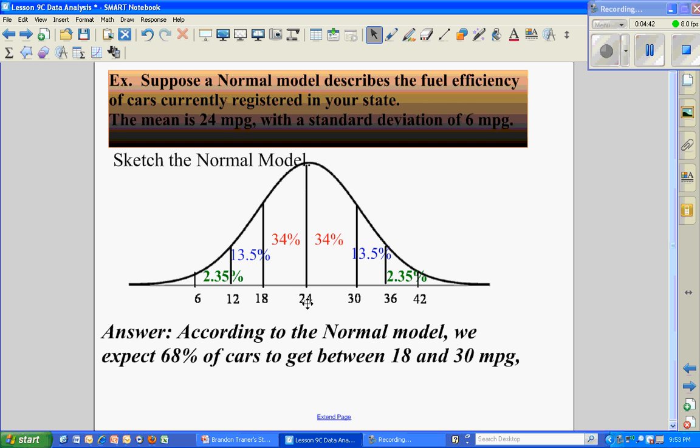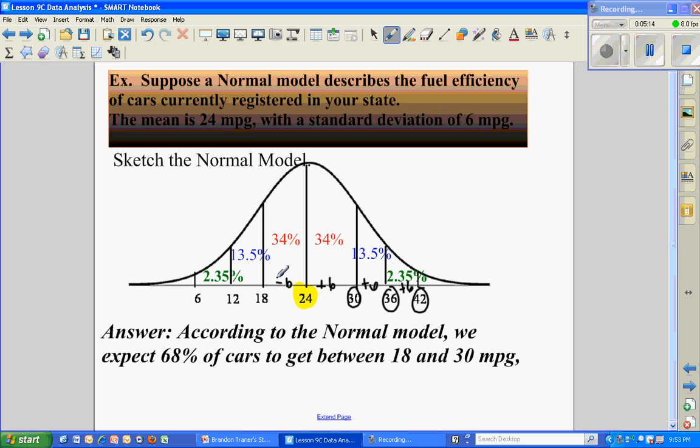So that's where these numbers came from. 24 is representing the mean, and because the standard deviation is 6, 1 standard deviation would add 6, gives you 30, add 6 would give you 36. Add 6 would give you 42. So 1 standard deviation, 2 standard deviations, 3 standard deviations.